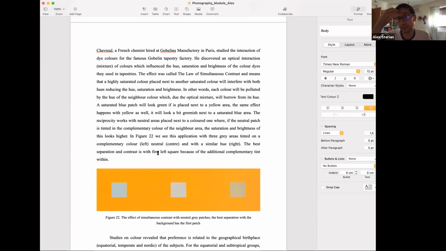We have to pay attention to how the colors and the hues are shown in our picture.